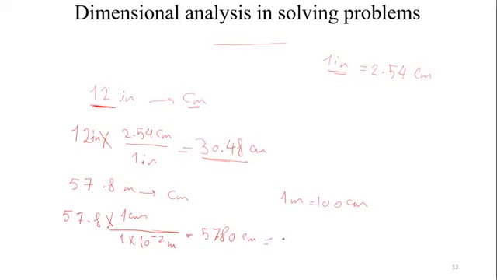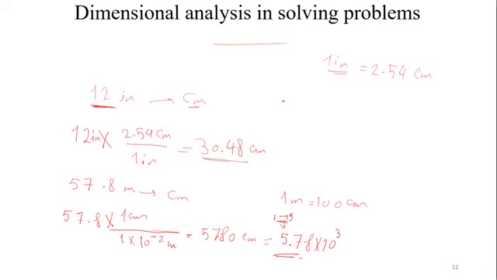If I want to round it off, it would be 5.78 multiplied by 10 to the power 3. I round it to a number between 1 and 9. So this is my answer.